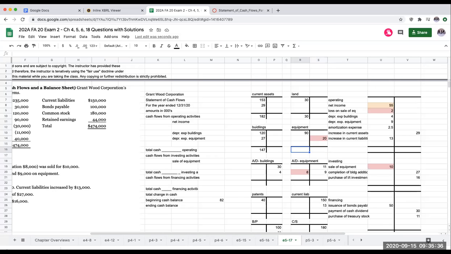So we've already been putting things in here. My equipment didn't change. I just sold some. My accumulated depreciation on the buildings is now at 34. My accumulated depreciation on the equipment is now going to be at 12. My patents are going to be at 40. My current liabilities are going to be at 163.